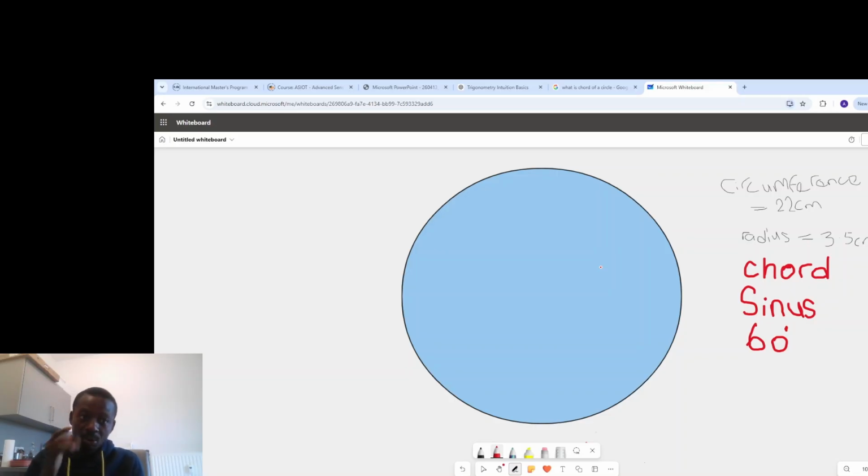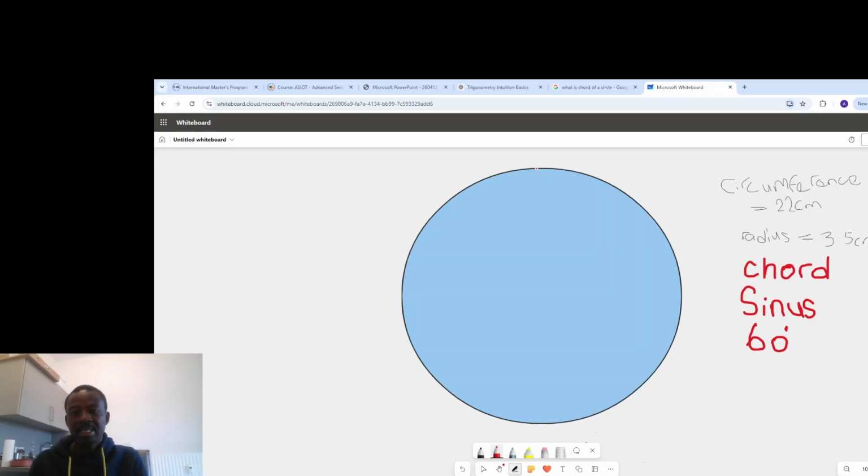And because the earth movement was also in a circular form, they had to use these terms to be able to form a good way of representing the position of objects.